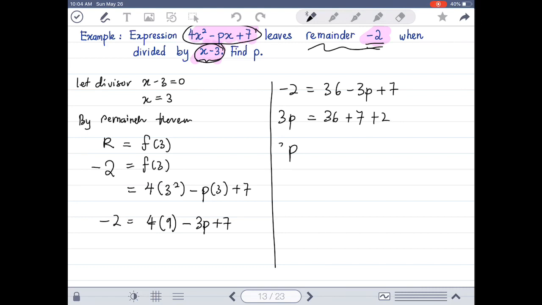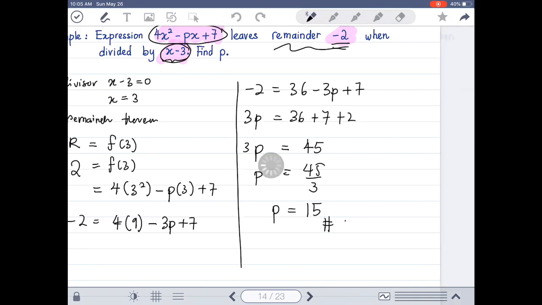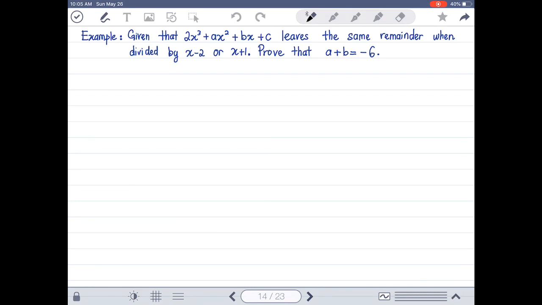So 3p is equal to 45. p equals 45 divided by 3. p is equal to 15. Okay. So the remainder theorem is quite easy. So let's have a look at another example.